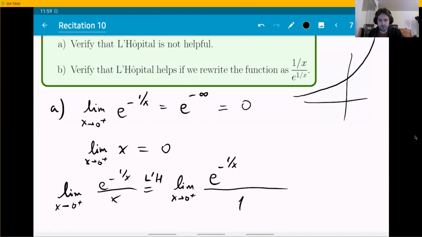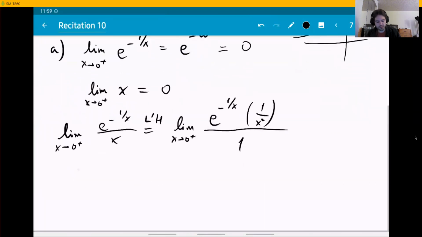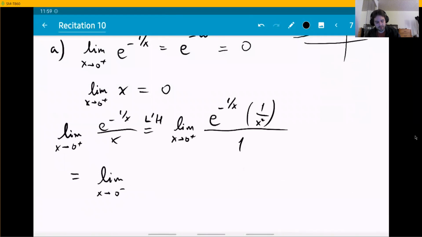But then you need to multiply that by the derivative of minus 1 over x, which is plus 1 over x squared by power rule. So what do you get? You're going to get this limit. You still have this exponential, e to the minus 1 over x, and then you have an x squared in the denominator now.